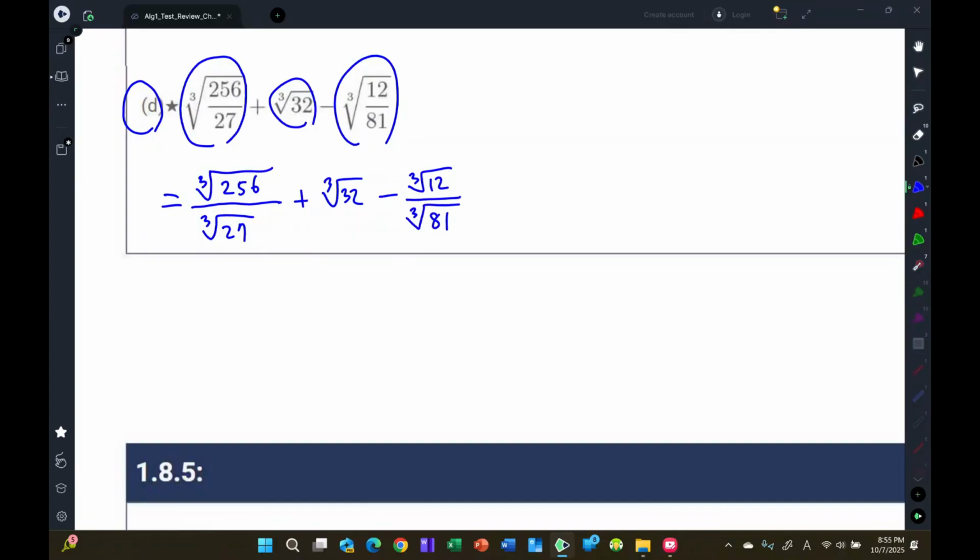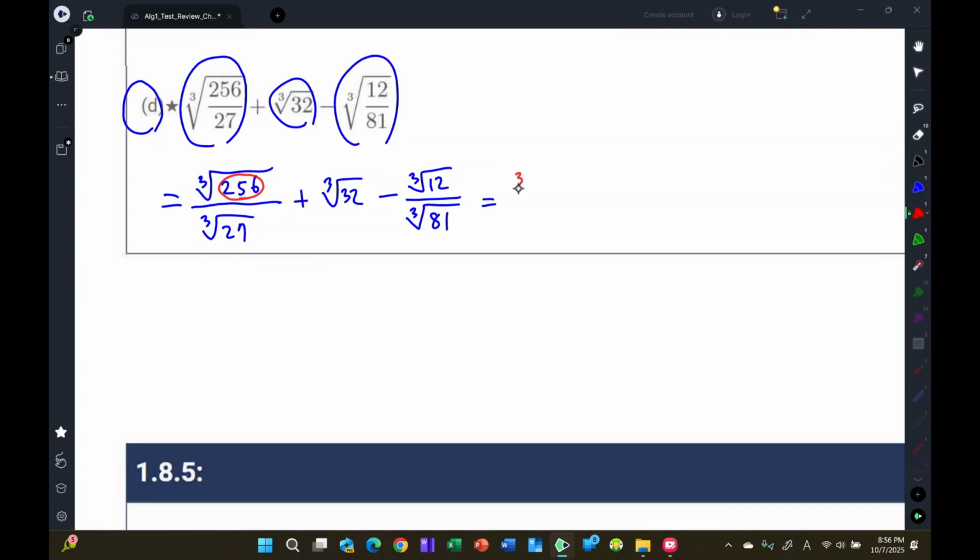All right. Now, what's the biggest perfect cube that goes into 256? Yeah, it is 64, which is cube of 4, isn't it?